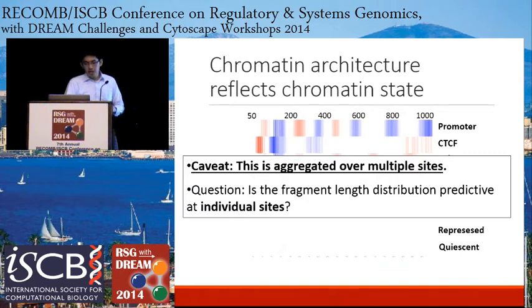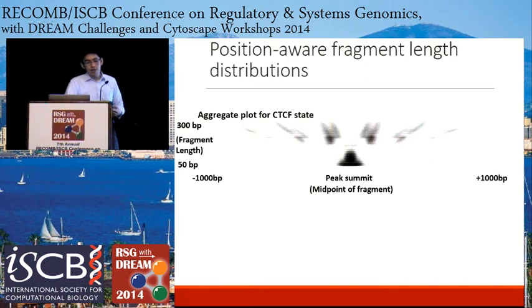In addition, another thing that we're not capturing using these fragment length distributions is the positional information provided by the assay. For instance, by anchoring on ATAC-seq peaks that are in the CTCF state, we can plot a two-dimensional histogram of the density of fragments, where the x-axis represents the relative position to the peak summit, which is in the middle, and the y-axis represents the fragment length.